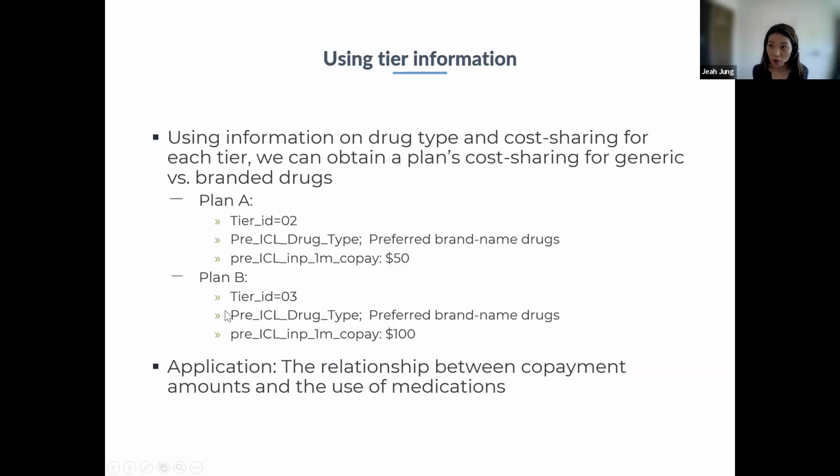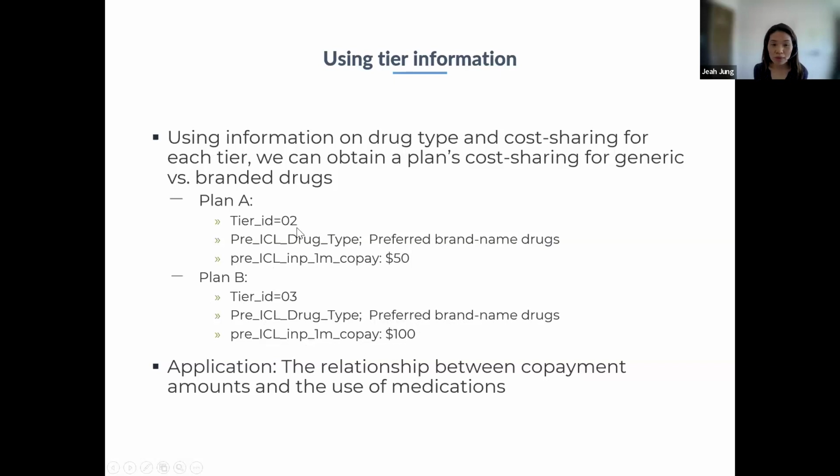Plan B used the third tier, tier 3, to place preferred brand name drugs, and then for the same benefit phase, pre-ICL, in-network pharmacy, 1 month of days supply, and copayment, and it's $100.